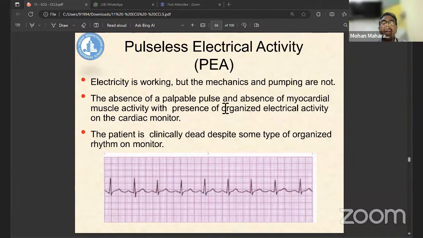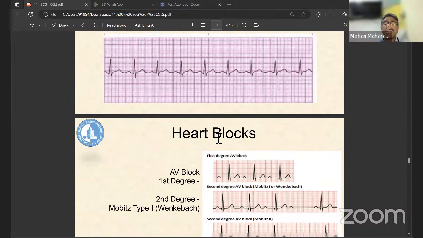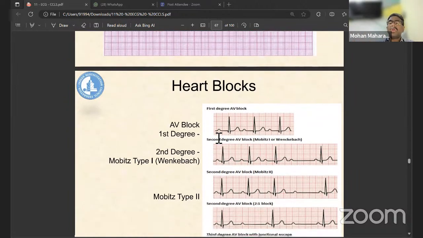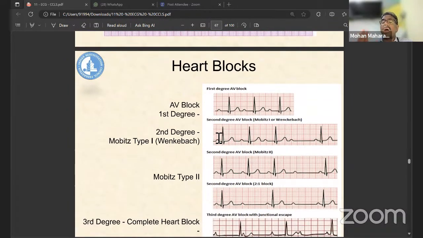There is absence of palpable pulse and absence of myocardial muscle activity with the presence of organized electrical activity on the cardiac monitor. The patient is clinically dead despite some type of organized rhythm on the monitor. Please remember this. That's the reason when you find the pulse is not there, just go ahead with CCLS.